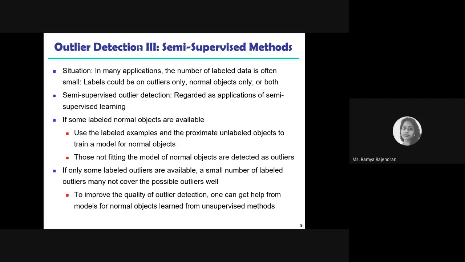Whatever does not fit into this cluster, you can call an outlier. If only some labeled outliers are available, a small number of labeled outliers may not cover the outliers at all. So here we have to go for an unsupervised method, clustering, so that we'll be able to do a good job.